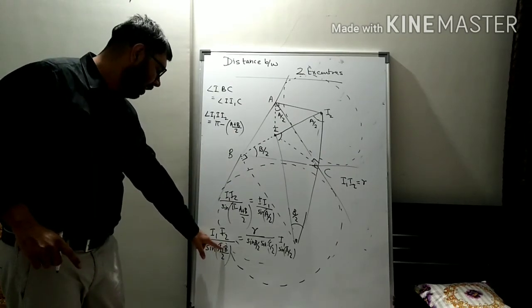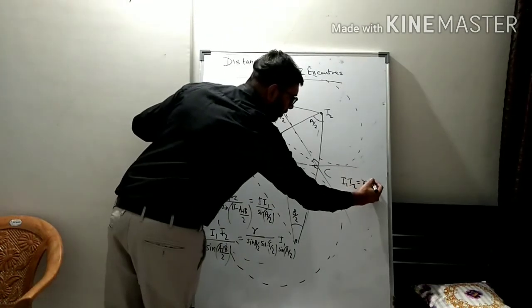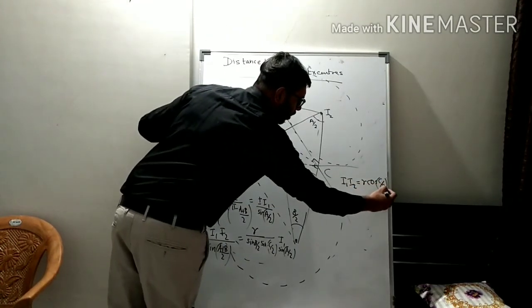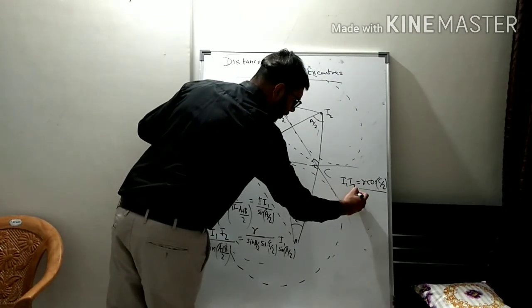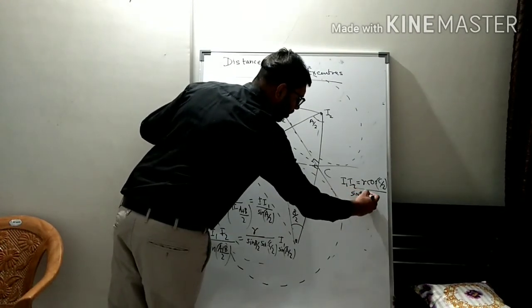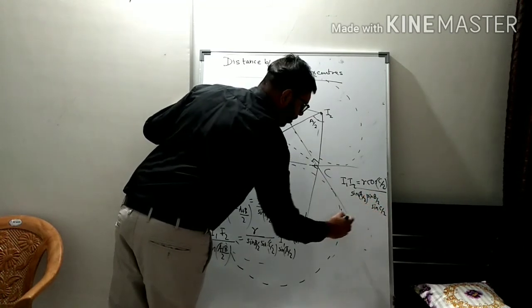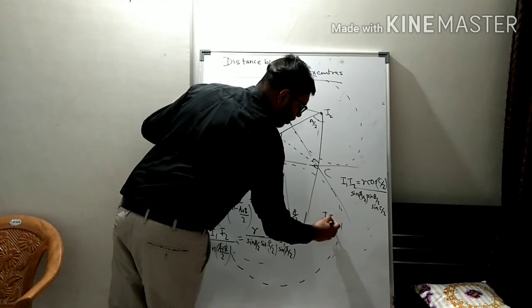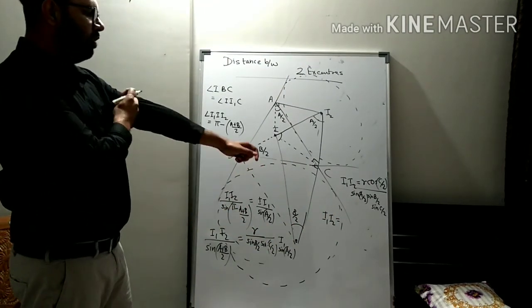So pi by 2 minus C by 2 will become cos C by 2. So I1 I2 is equal to R cos C by 2 divided by sin A by 2 sin B by 2 sin C by 2.